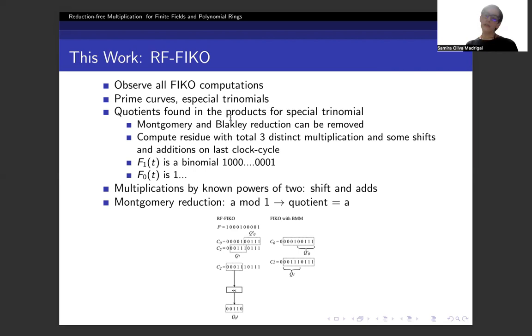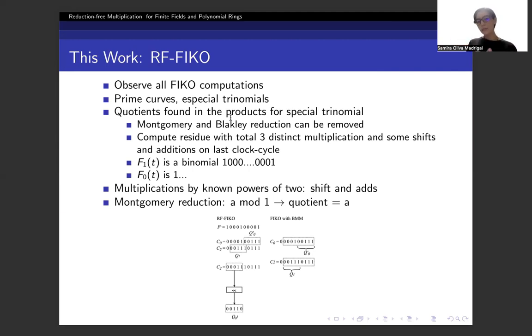And so if we can have a trinomial that we can split in such a form, because we're working with half-size words for the fully interleaved Karatsuba-Ofman with bipartite reduction, we can see that for Montgomery, any half-size word that is reduced modulo 1, the quotient is always going to be that value.